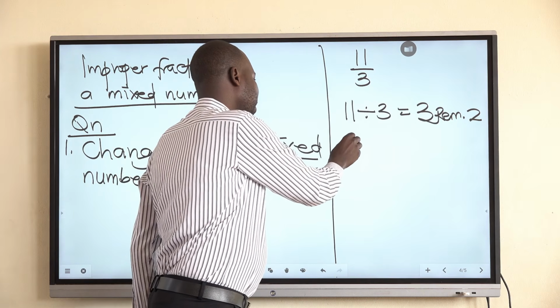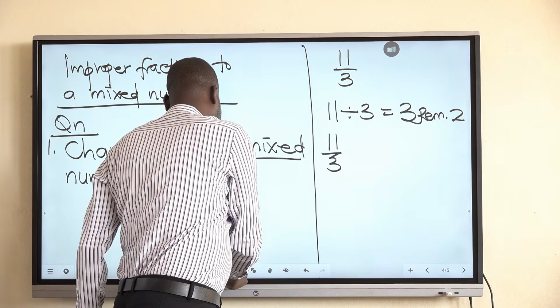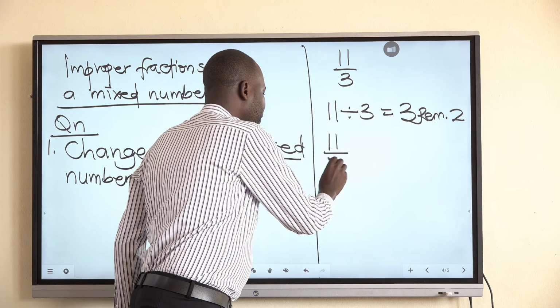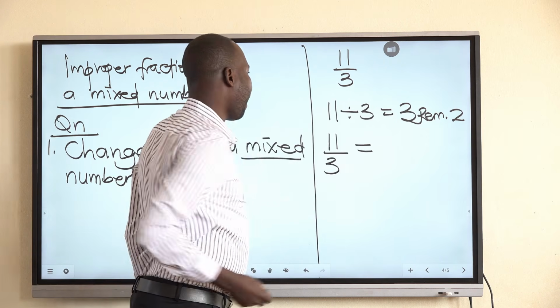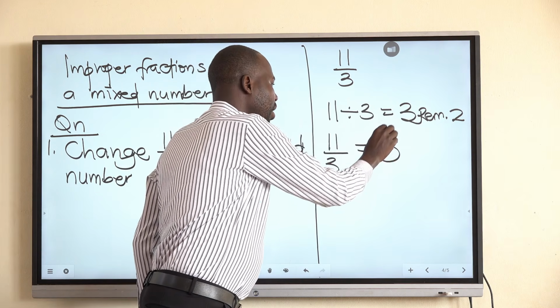So when you are changing this 11 out of 3 to a mixed number, you are going to end up with 3 as the whole number.